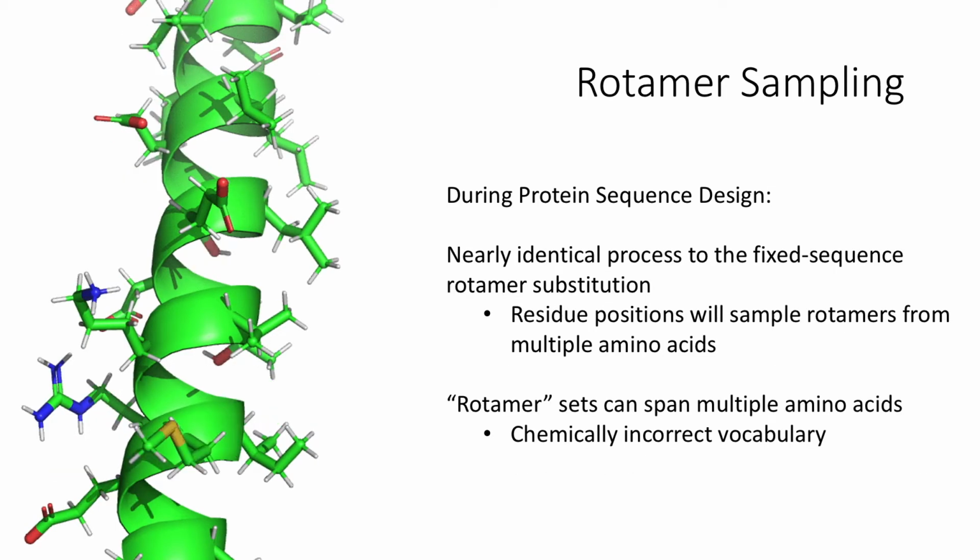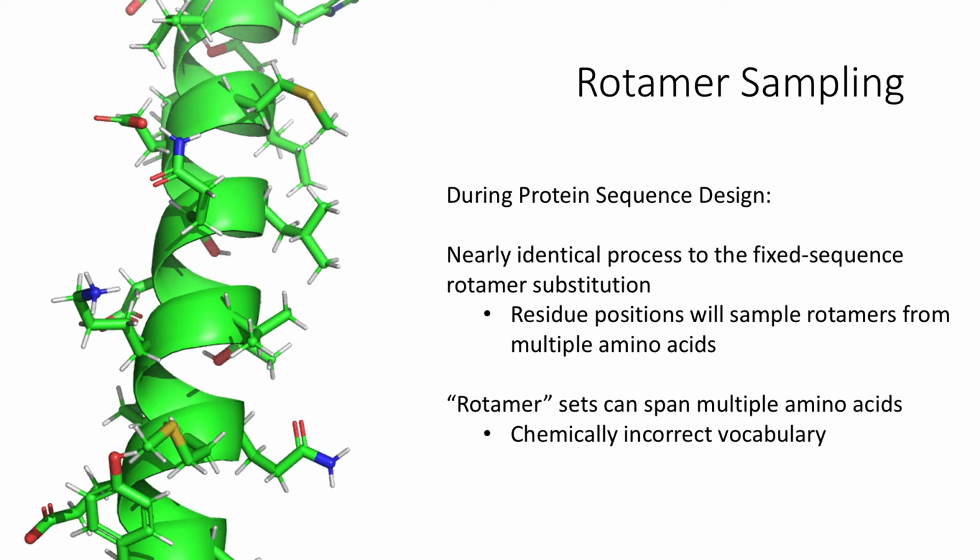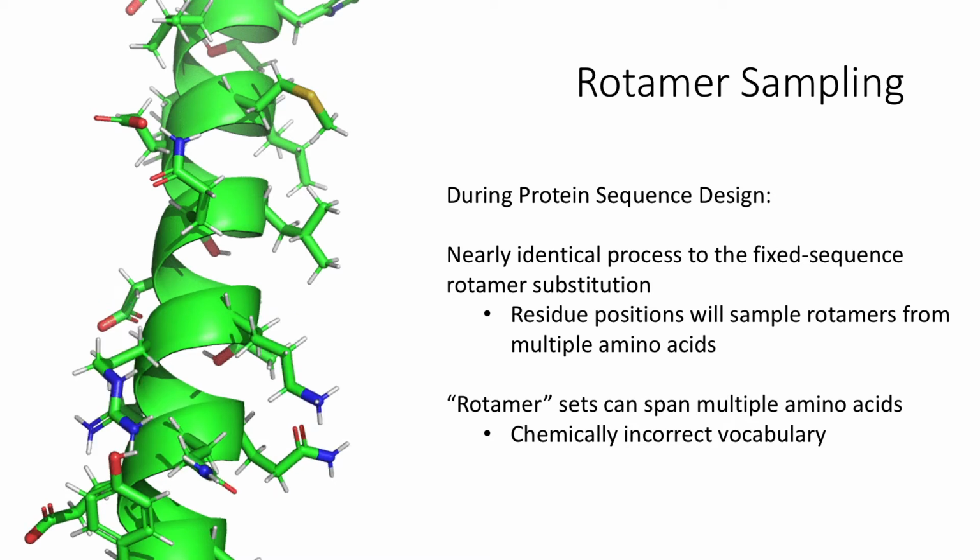This gets even more complicated for protein sequence design. When you're trying to optimize a protein sequence, it's the exact same thing as what just happened. The main change is that a single rotamer set or sidechain conformation library for each position actually spans multiple amino acids.